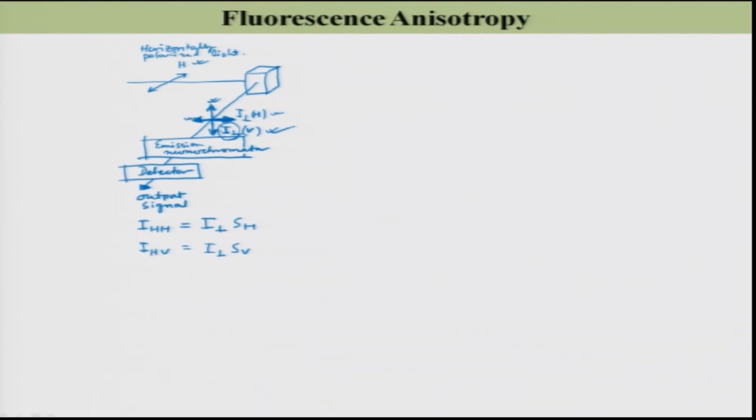So, what can I write? I can write IHV divided by IHH equal to SV by SH into I perpendicular by I perpendicular, which is nothing but SV by SH, and that I already have defined as my G value.